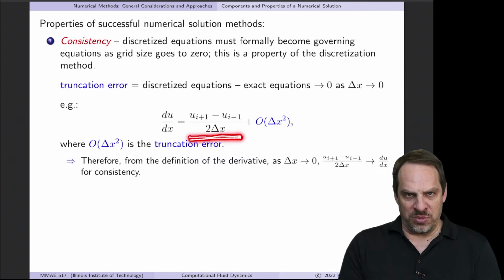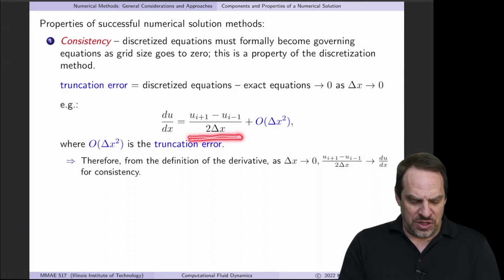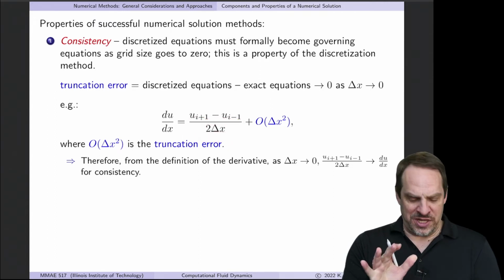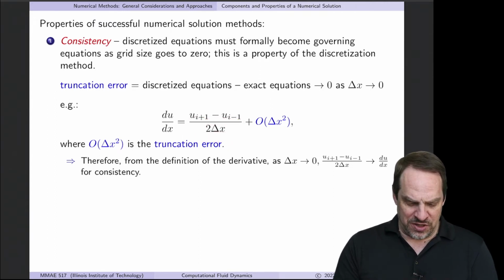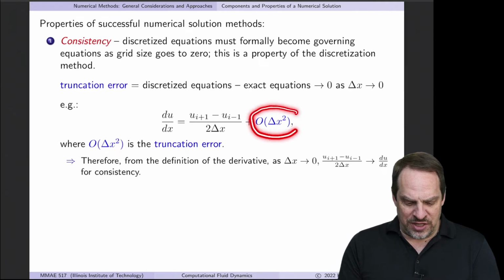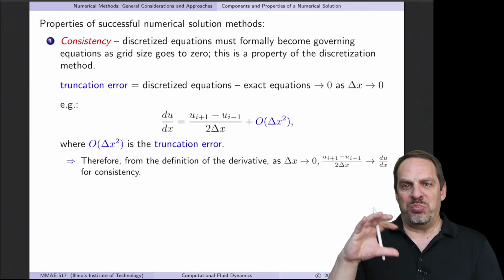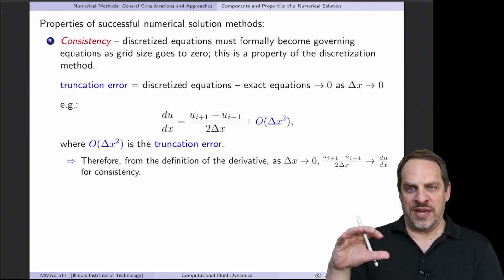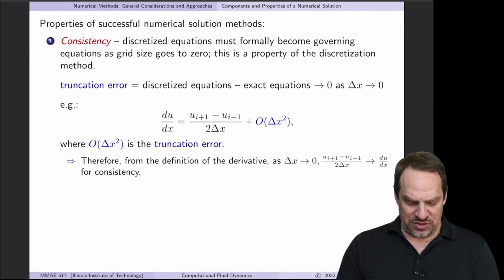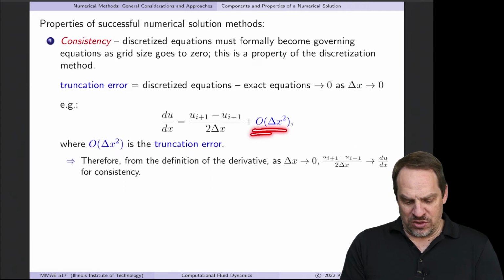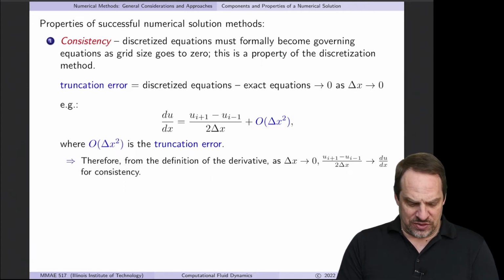It's not the only form, but it's one that we'll commonly use. So it's (u_{i+1} - u_{i-1}) over 2 delta x. Don't worry about where that came from. We'll see that in a later video. And this is the truncation error, order delta x squared. That tells you how big the terms are that you truncated in order to get this approximation. So it's second order accurate. It's order delta x squared.